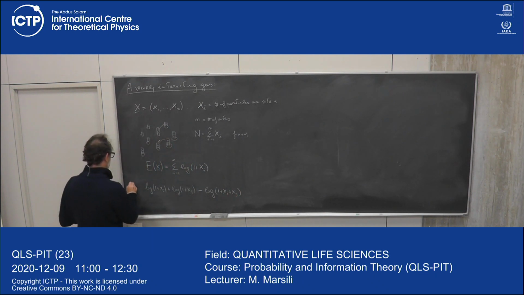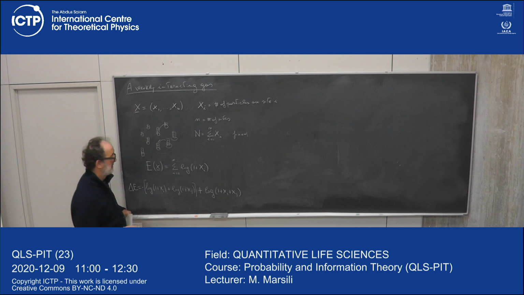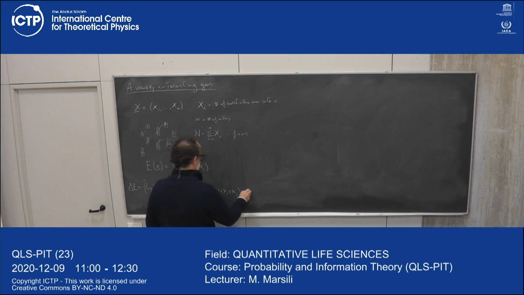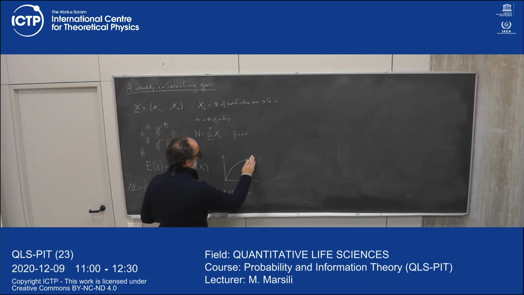So the change in energy, if I move all the particles from site j to site i, is going to be minus this plus this. And you see, because of the convexity of the logarithm, this is negative. The energy as a function of the x_i is a convex function.